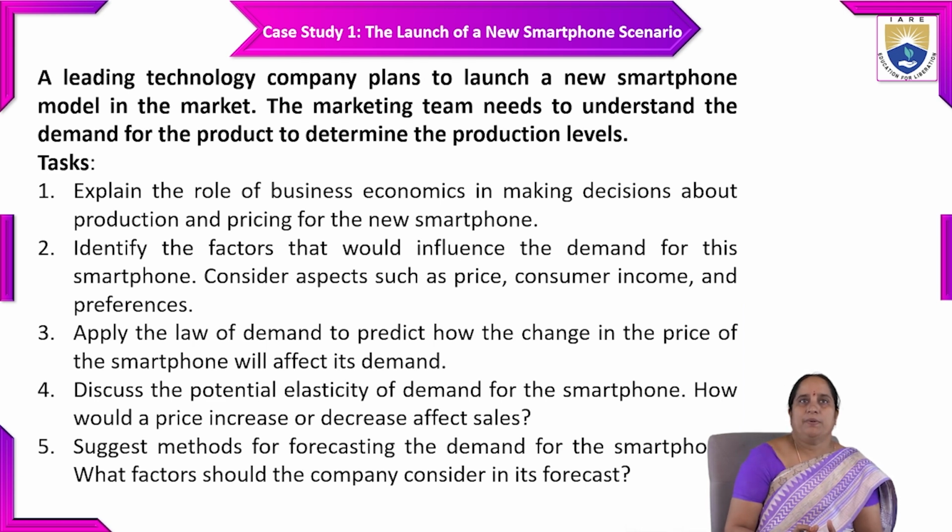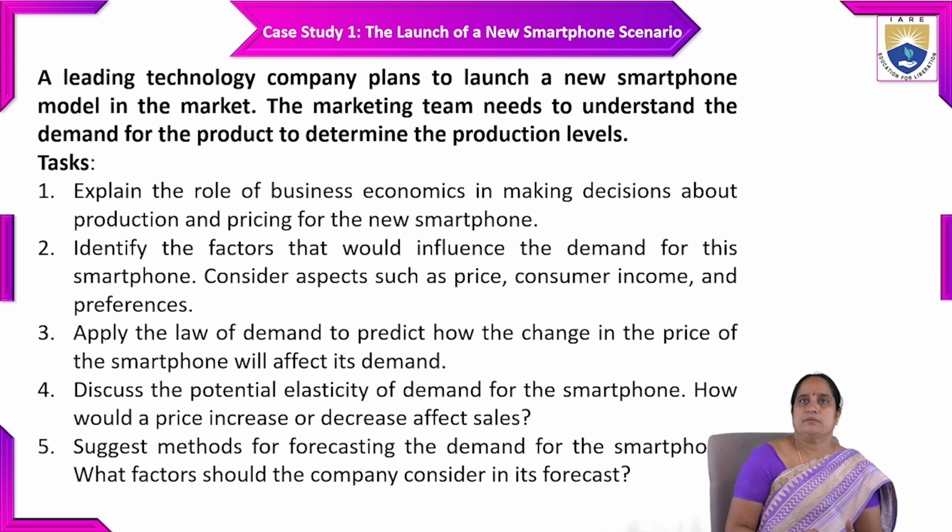A leading technology company plans to launch a new smartphone model in the market. The marketing team needs to understand the demand for the product to determine the production levels. So the tasks that are given are: explain the role of business economics in making decisions about production and pricing for the new smartphone.